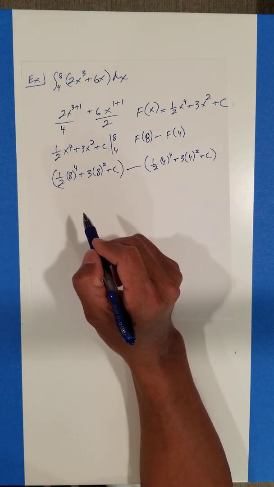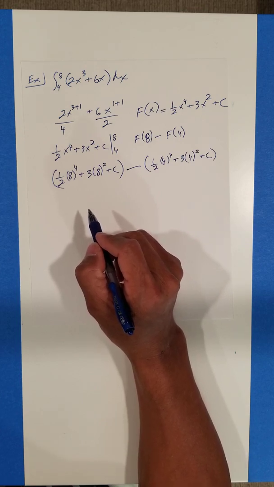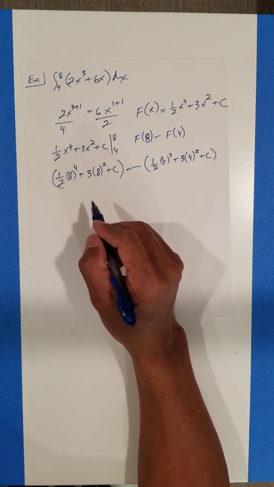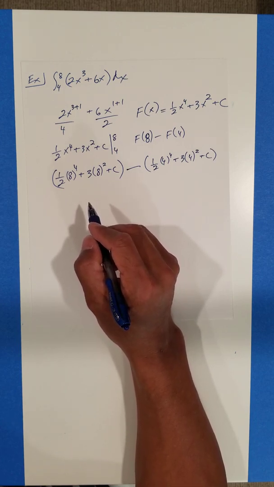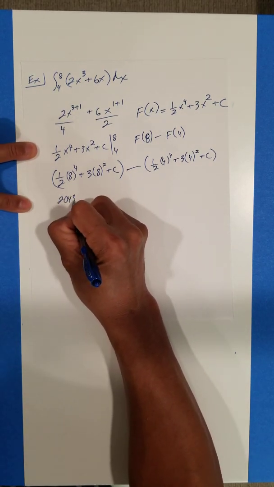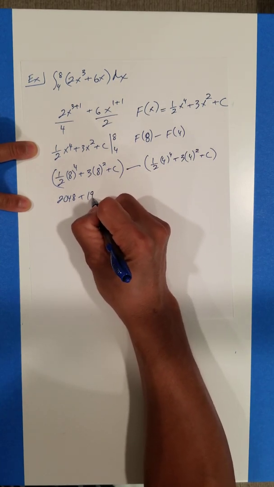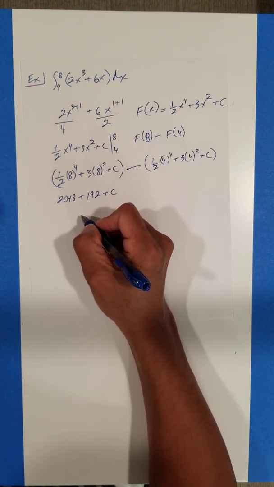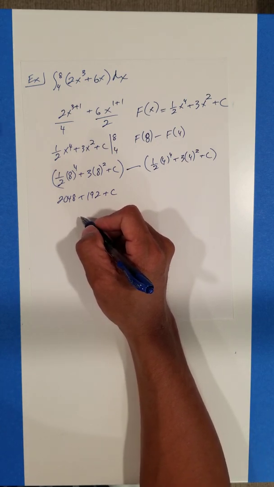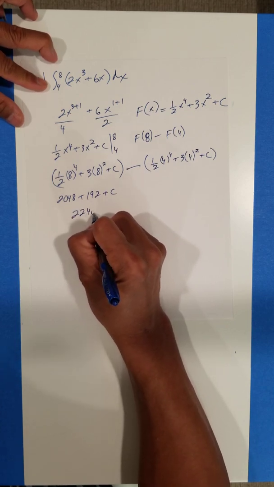Well, let's see. 8 to the 4th times 1/2, so we're looking at 2,048 plus 64 times 3, which is 192, plus c. So we get 2,240 plus c.